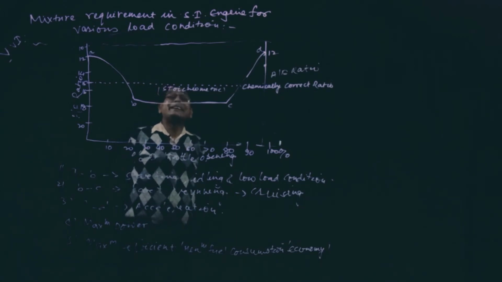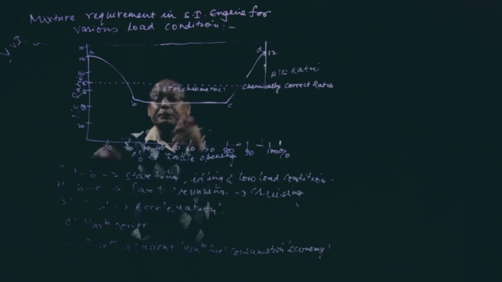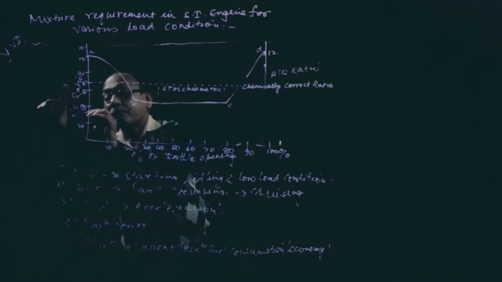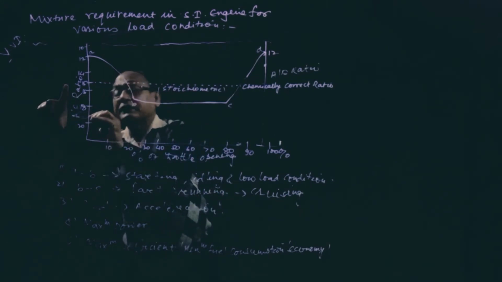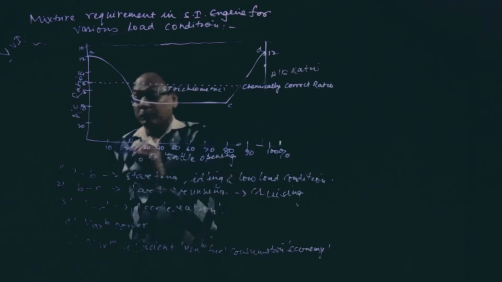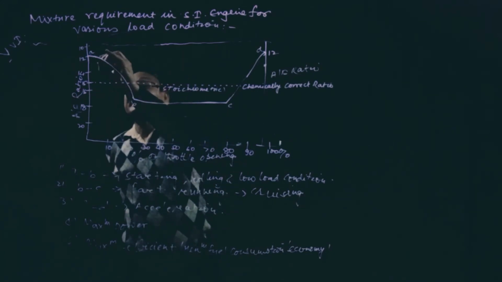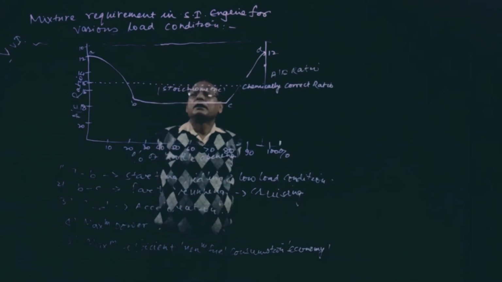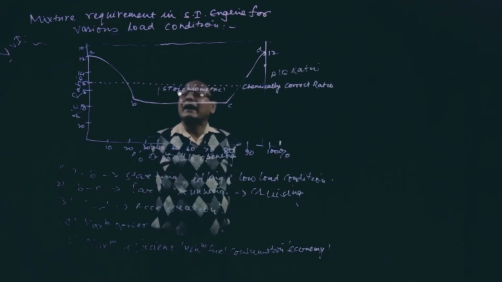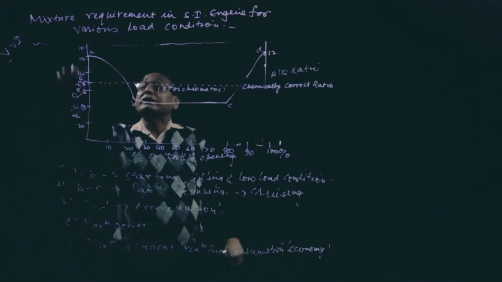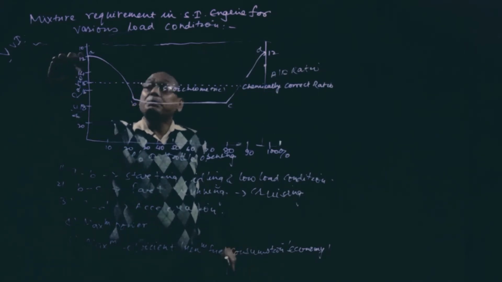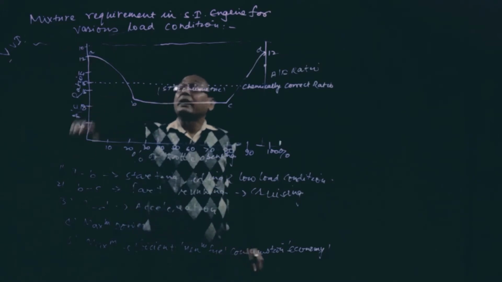Mixture requirement in SI engine means air fuel ratio. The first condition is starting the engine. When we want to start, at that time, due to cold, we have to supply rich fuel, because the air ratio, see here, is 12 kg only, and fuel will be more there.